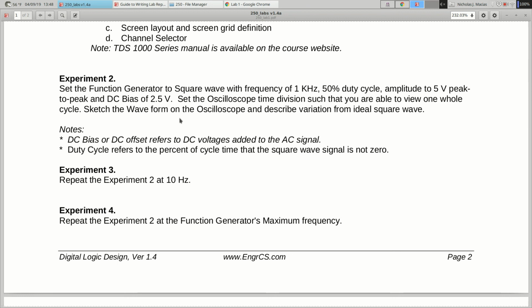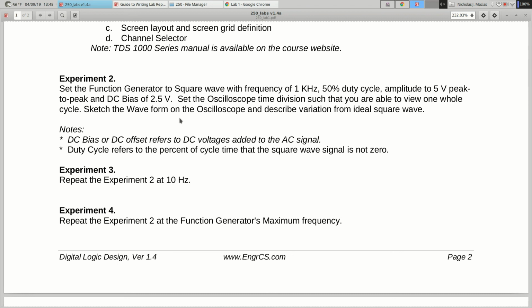I'm looking at experiment 3 and 4, and I feel like it's hard to put a lot of information in 3 and 4 unless. Yes, so 3 and 4 are variations on experiment 2. You don't want to do a variation on an experiment for a new one, though. So if you said experiment 7, repeat experiment 2 with the frequency set to 20 hertz, that's not a good new experiment. Okay. I'm talking about putting it in a lab report, though.